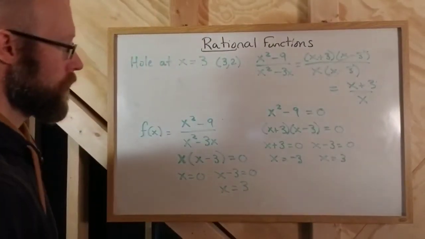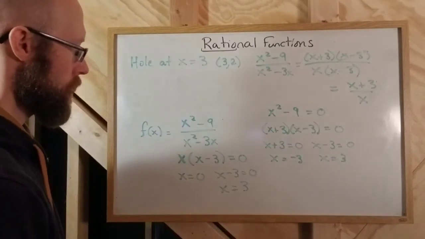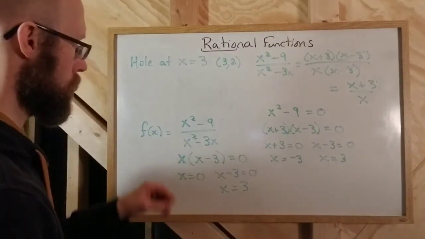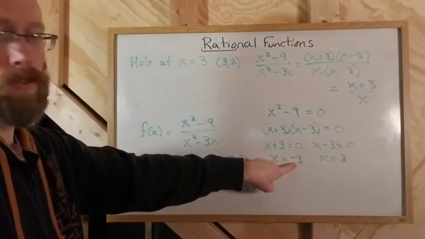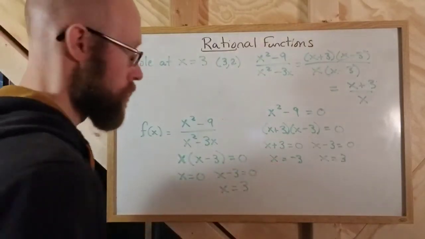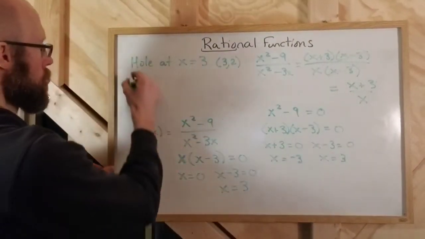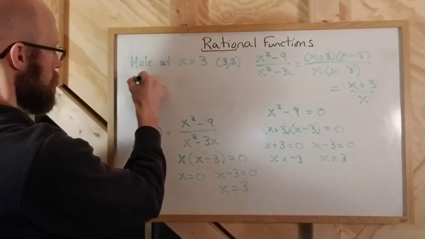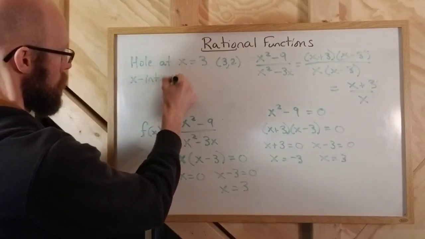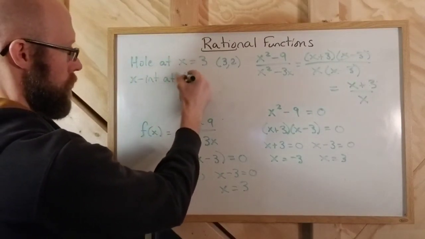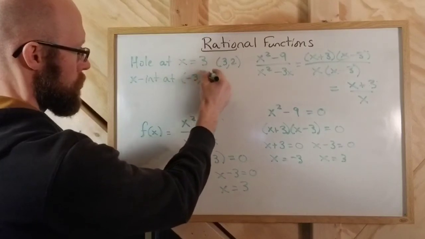Now once I've established that, I can say that the numerator gives me x-intercepts, the zeros from the numerator. So there's an x-intercept at (-3, 0).